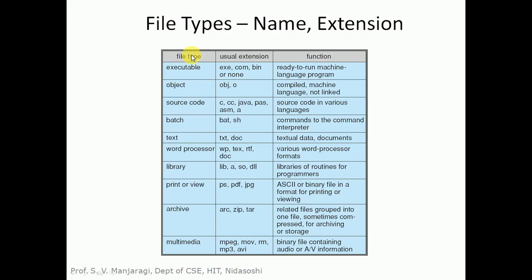For example, if you take the file type as executable, in the Windows operating system, executable files have the extension .exe. In DOS, it has the extension COM. It can also be bin, or it can be none. If you take Unix or Linux, executable files may not have any extension at all.